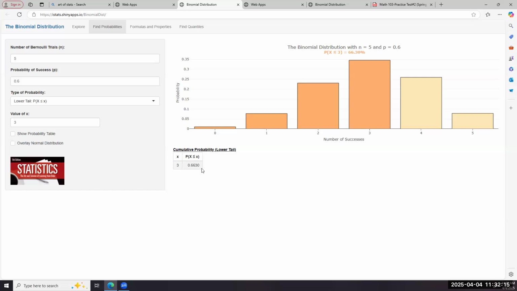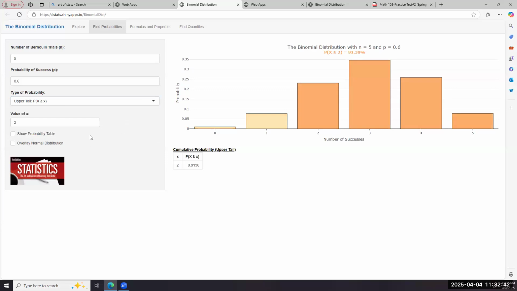So the chance that you get at most 3 people who agree with you is about 66%. For at least, again, you have to change the number because it's at least 2. So we change this one to 2, and you make sure you change the statement to x greater than or equal to.